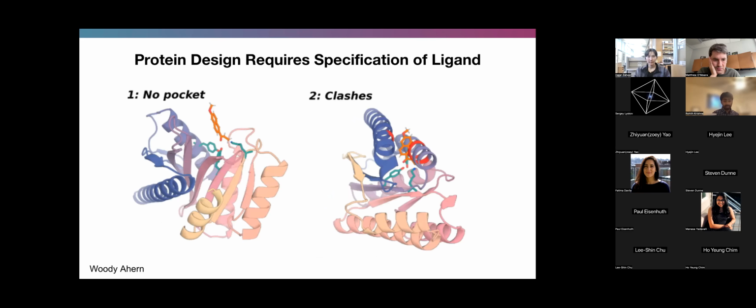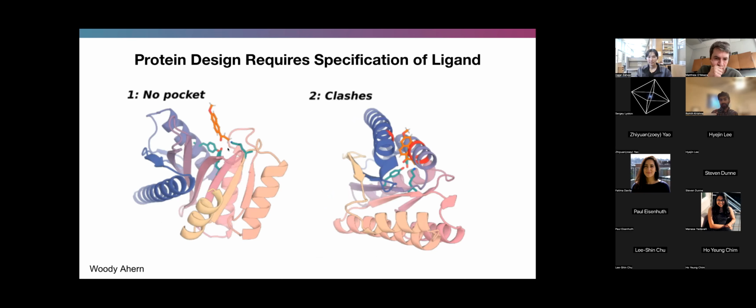And the other big motivator for us is that protein design really requires the specification of the ligand. So this is work by my co-author Woody Ahern in his previous paper, where he shows that if you're trying to create a small molecule binding protein without knowing the small molecule with RFDiffusion, you really run into a lot of pathological problems, right? So one, perhaps obvious problem is that you get proteins that don't really have a pocket.